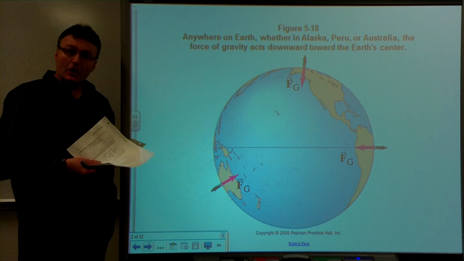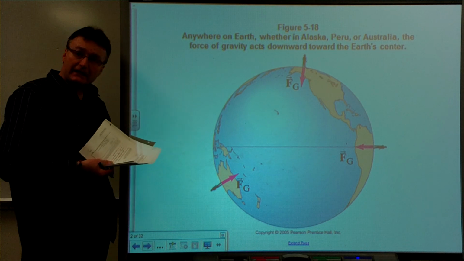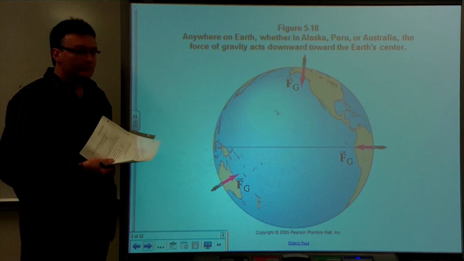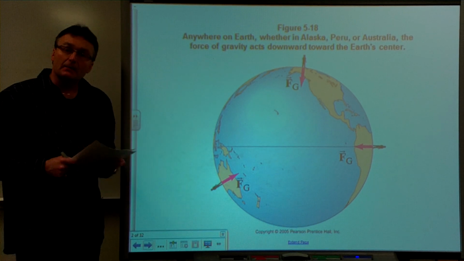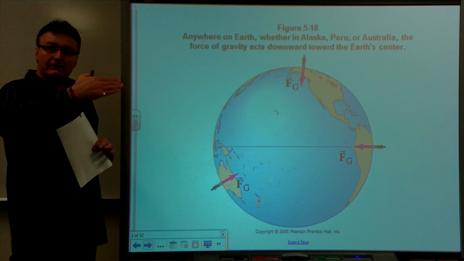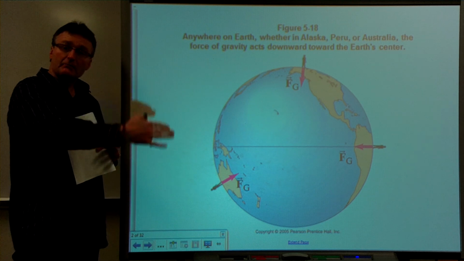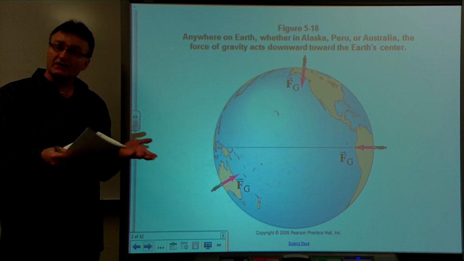Then, as the story goes, with the apple that he saw fall from a tree, he surmised that if gravity was working at the treetops, maybe gravity worked at even greater distances, like perhaps between the Earth and the Moon. And so he started to determine whether or not this was indeed the case.